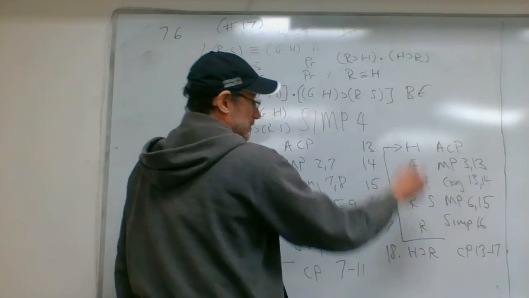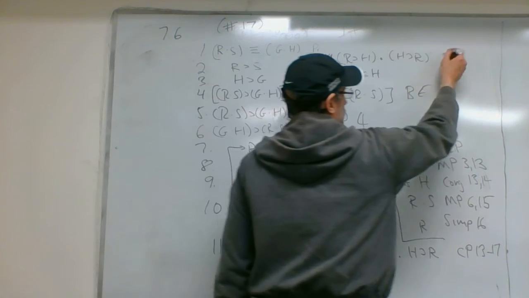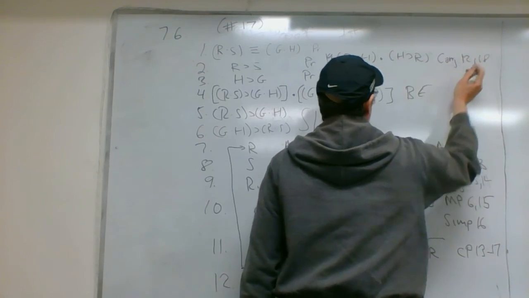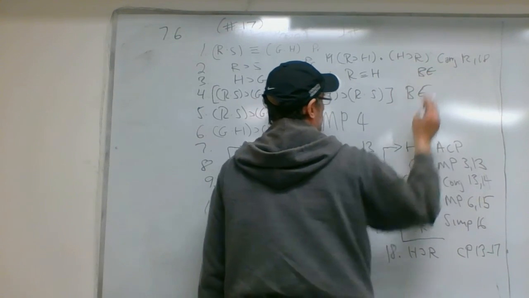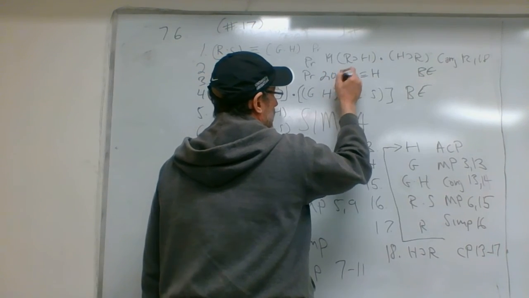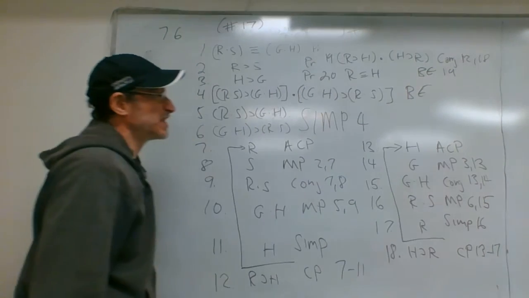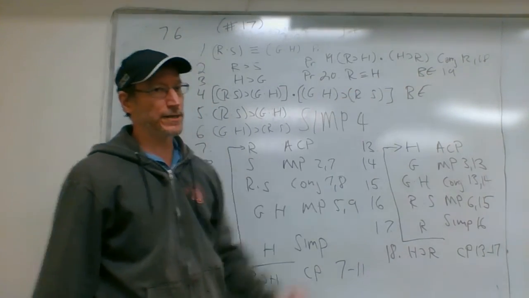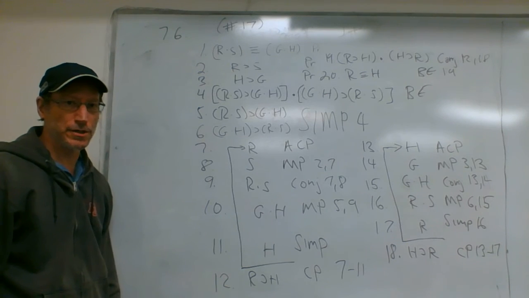You would then, so this would be step 19, combine the two, conjunction on 12 and 18, and then you have biconditional exchange on step 19, so this would be 20, biconditional exchange on 19. Replacing the conjunction of two horseshoes with the biconditional, and that's how you would get to R biconditional H.